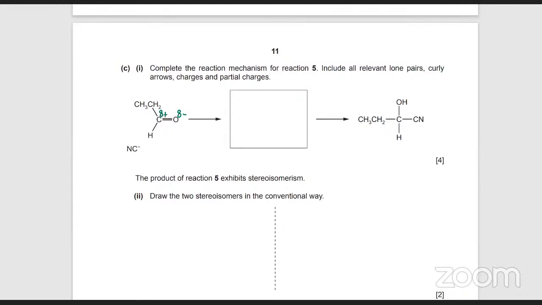There's a carbon that is positive. The CN-, it's the C that has the lone pair. The lone pair is going to get attracted to the carbon, and the electrons in the double bond are going to get repelled.